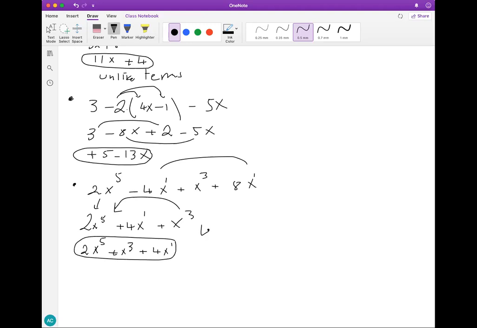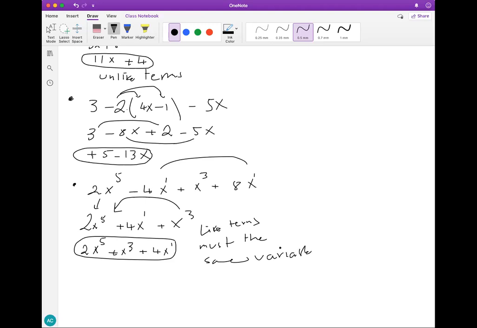So like terms must have the same one. Like terms must have the same. What is it? When you combine two terms in an expression, they have to have the same variable and the same power.